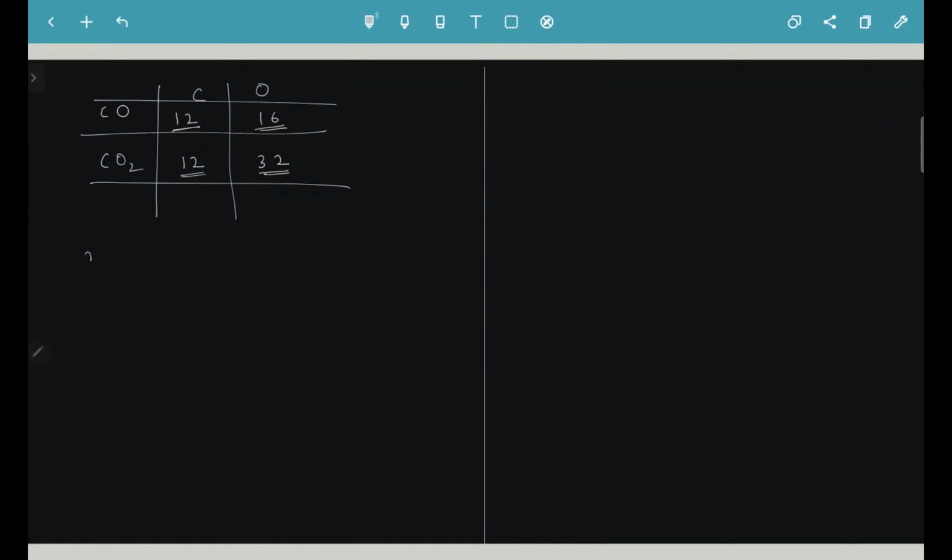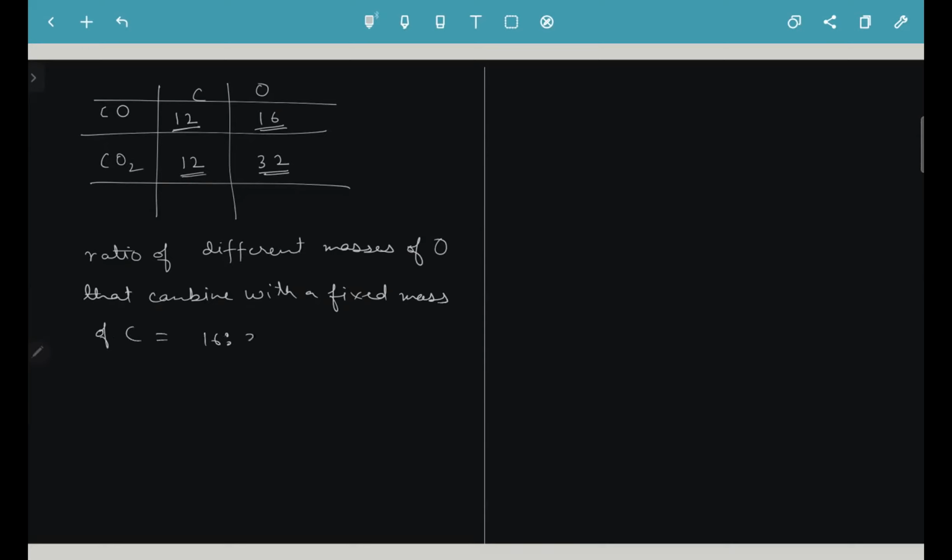So we can say that the ratio of different masses of oxygen that combine with a fixed mass of carbon is 16:32, a simple whole number ratio, which is equal to 1:2.